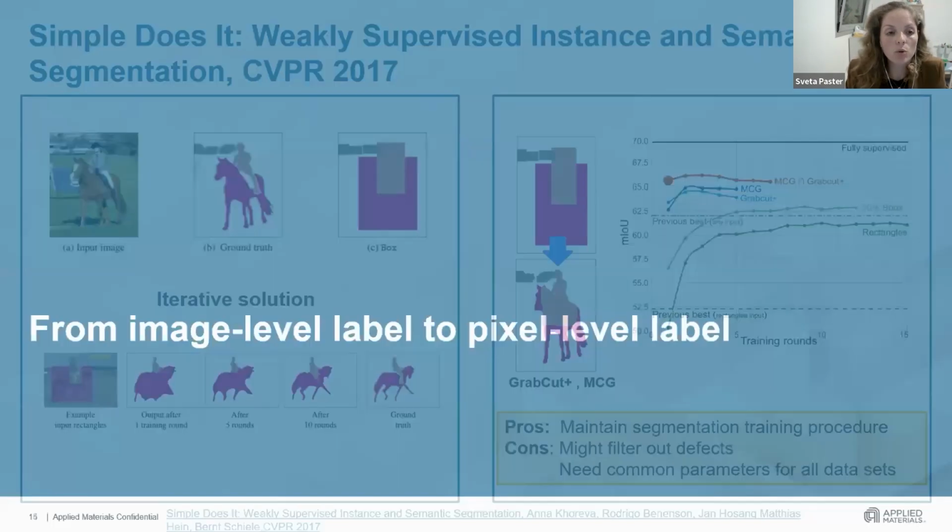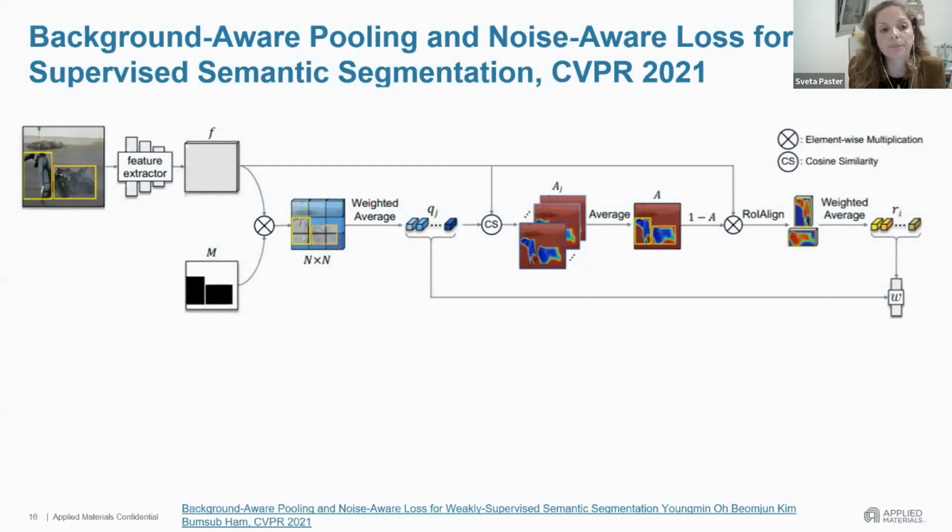The next approach is from CVPR 2021, and this solution consists of 2 parts. The first part is using a classification network in order to get a new and improved mask for the segmentation network, and the last phase is to train a segmentation network with some modified loss.